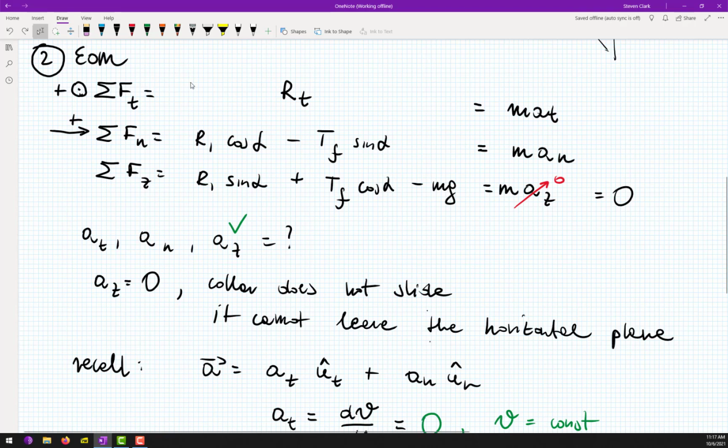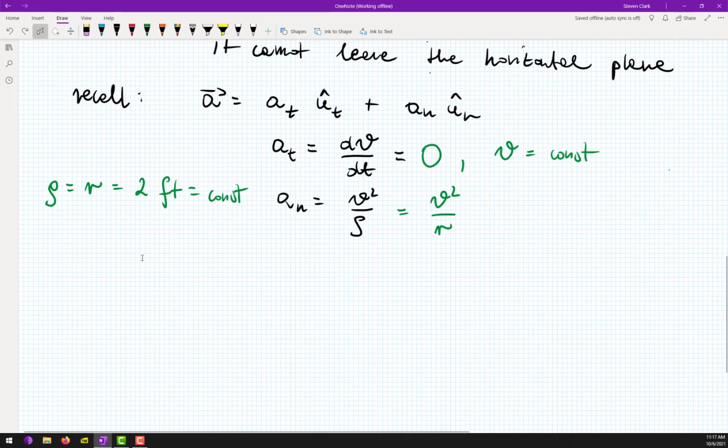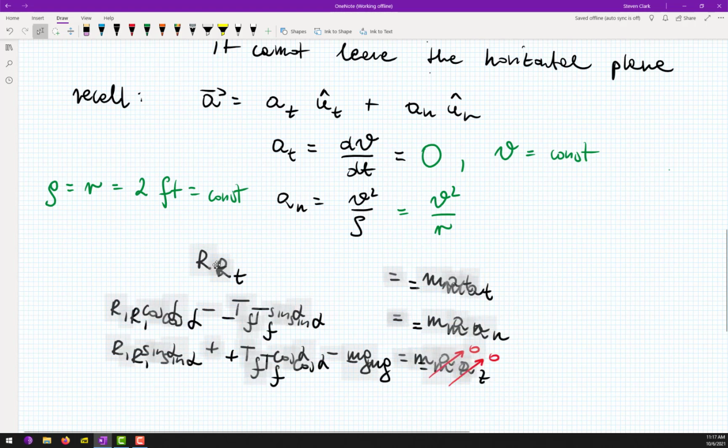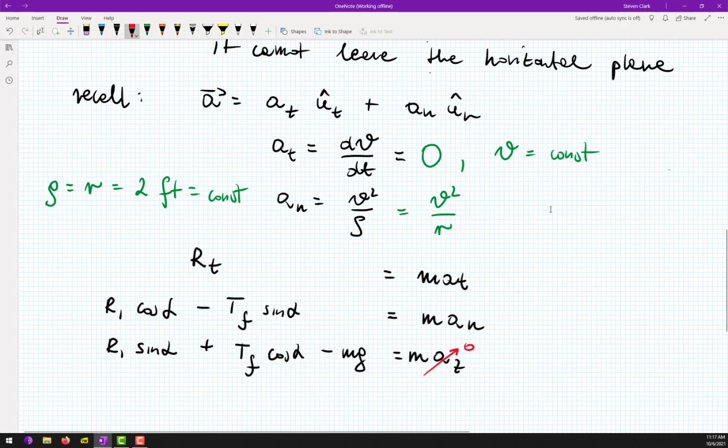Please be patient with me, okay? Thanks to the technology, I can copy. And instead of this, I can put in 0 in here. We also said that this value will be 0. And we said that this value will be v squared over r.